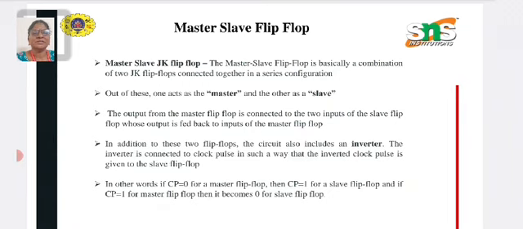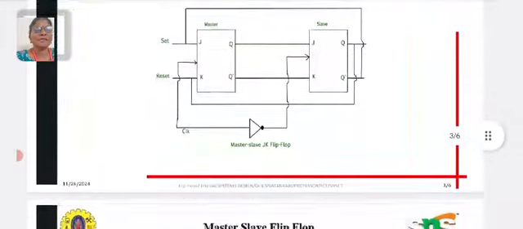In other words, if CP, our clock pulse, is 0 for the master flip-flop, then the clock pulse is 1 for the slave flip-flop. And if the clock pulse is 1 for the master flip-flop, then it becomes 0 for the slave flip-flop.